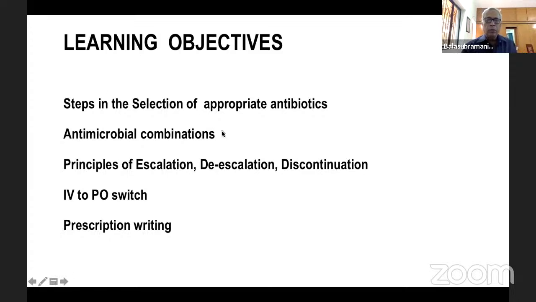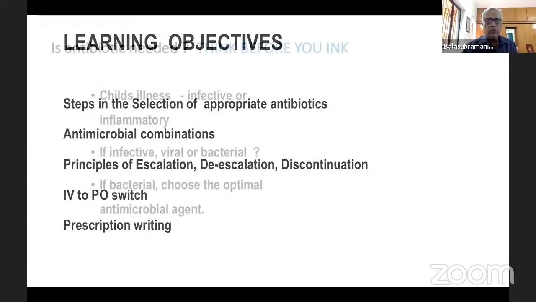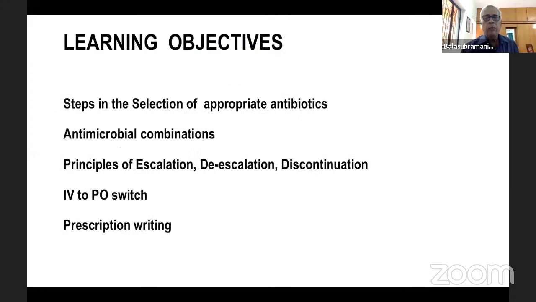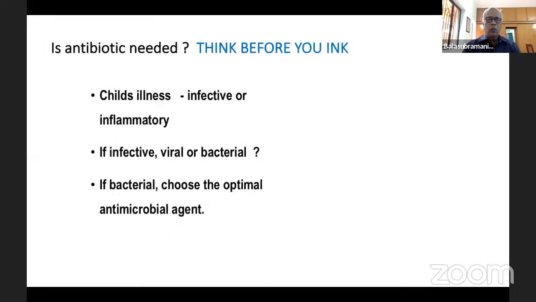We'll talk about some principles of combinations of antibiotics. We would discuss escalation, de-escalation, and discontinuation, which are new mantras in pediatric infectious disease and antimicrobial stewardship. I will briefly discuss IV to per-oral switching and end with the principles of prescription writing.